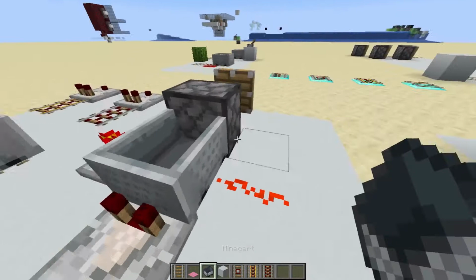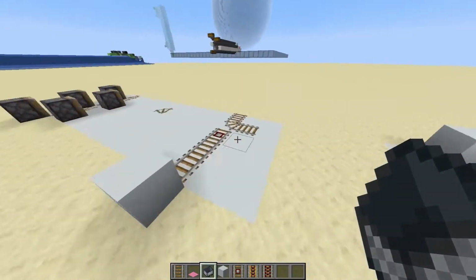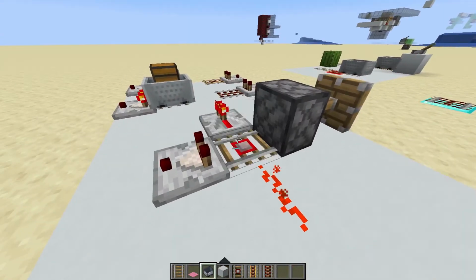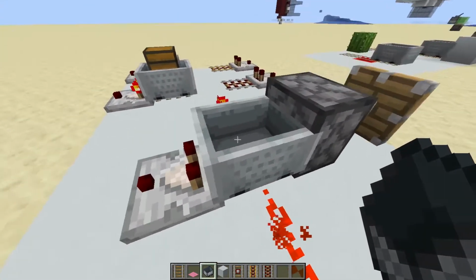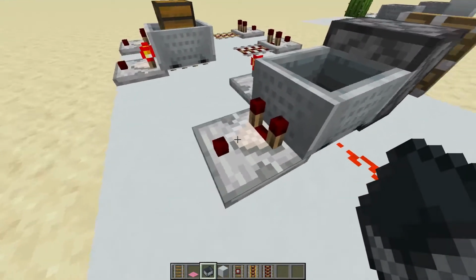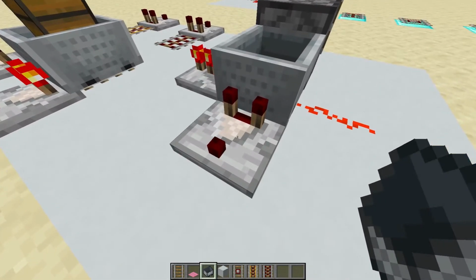So again, we just showed the detector rail right here, and you can see that when a minecart is on the detector rail, it will send out a redstone signal, but if it's a comparator, it won't work.